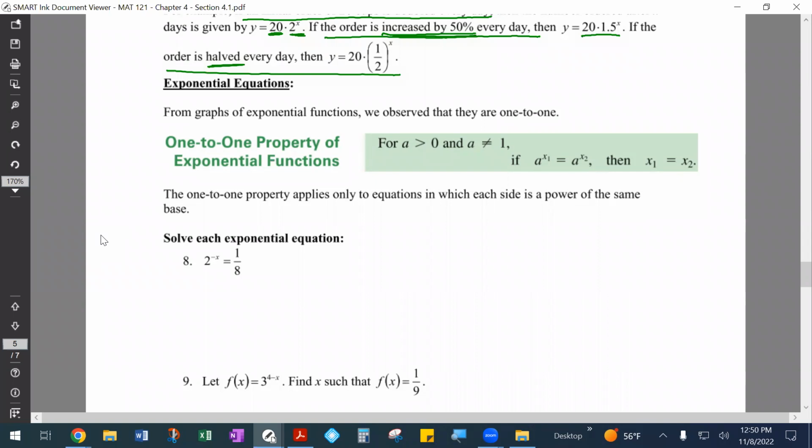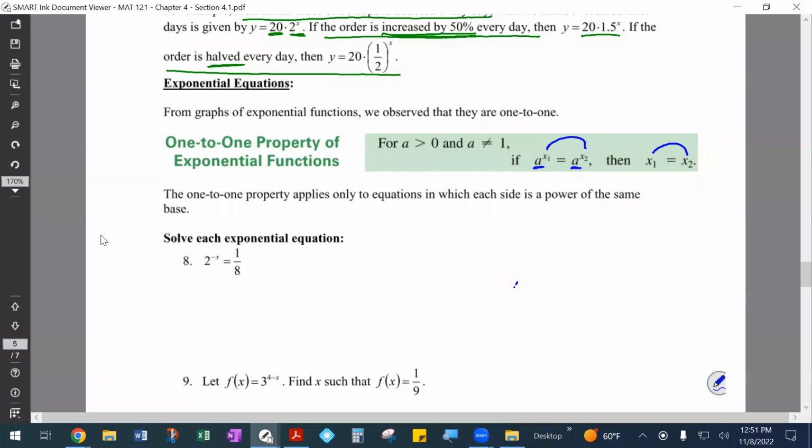So the one-to-one property basically says for exponential functions, if you can get the two bases to match on each side of your equation, then that automatically tells us that the two exponents have to be equal to each other.